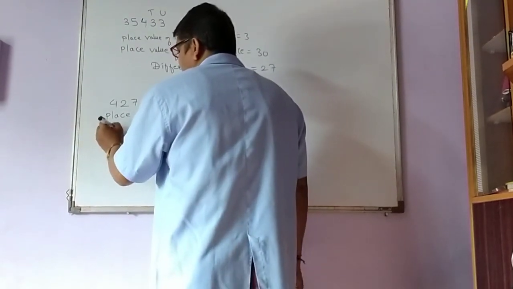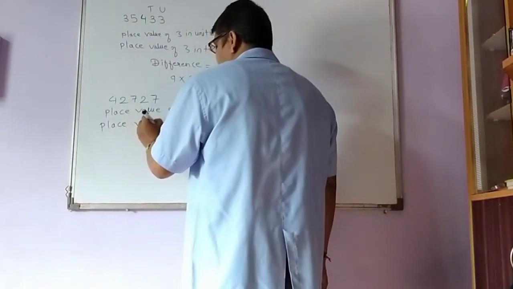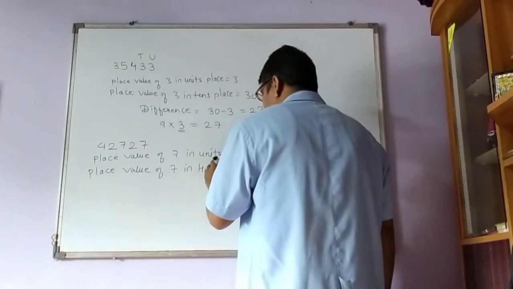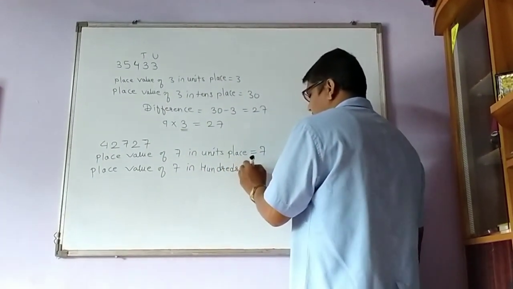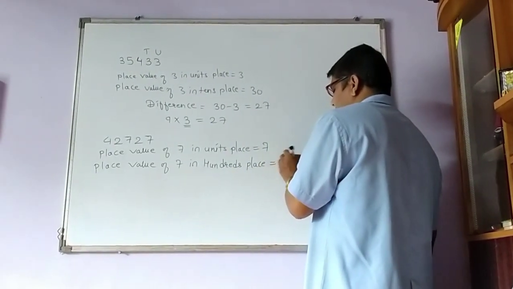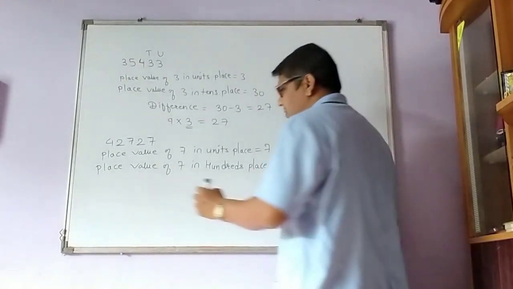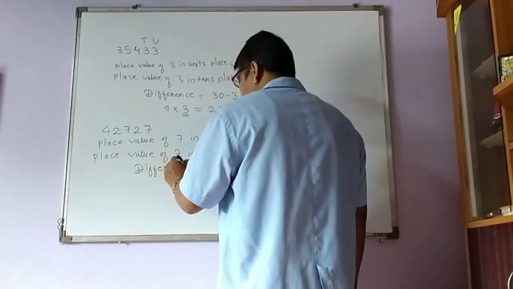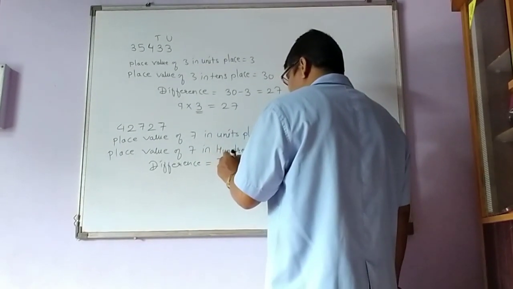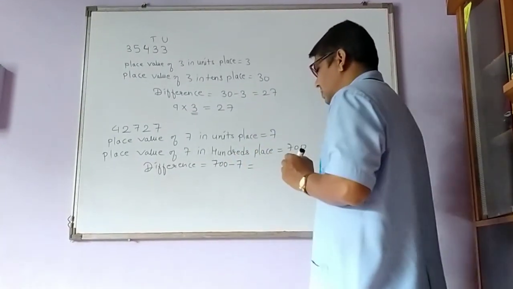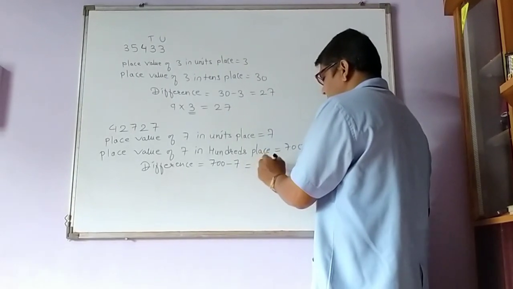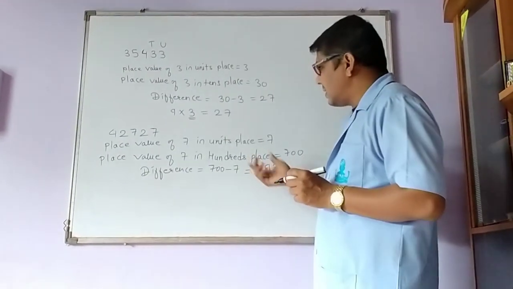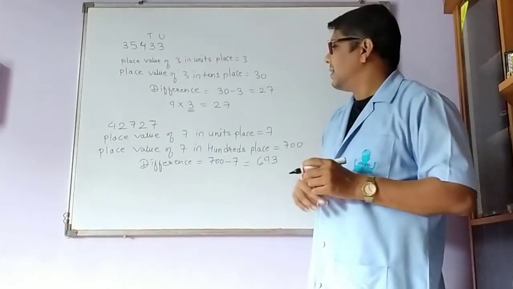And the place value of 7 in hundreds place, how much is it? Definitely 700. Now find out the difference. 700 minus 7. So it is going to be 693.